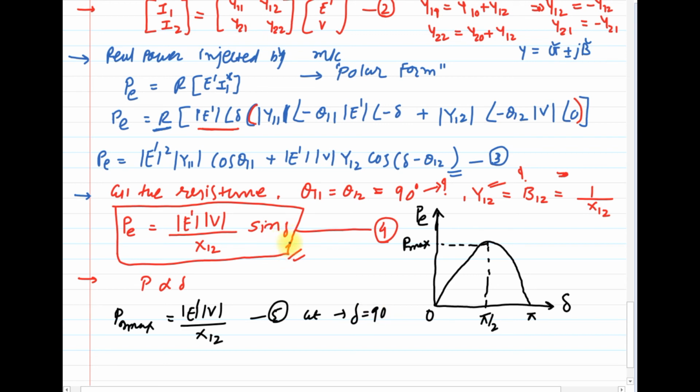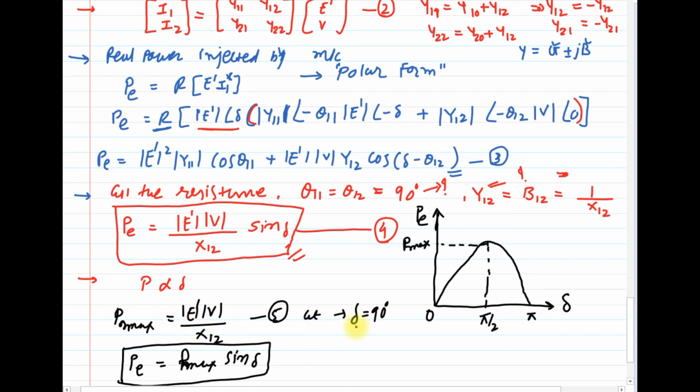As we know, sine 90 is equal to 1, so the equation can be written as PE equal to P max sine delta.